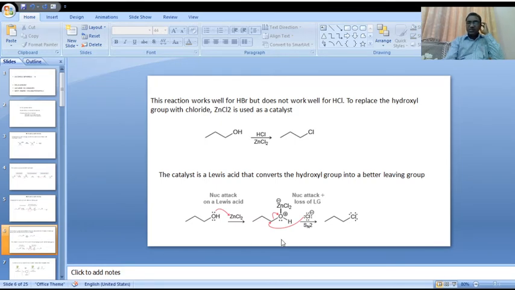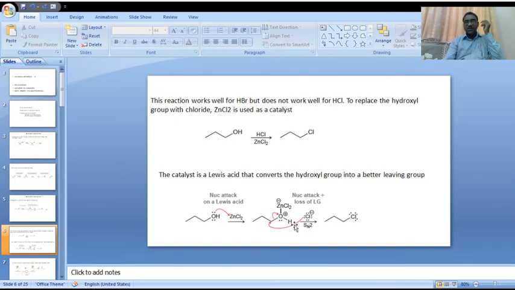In the first step, on reaction with the catalyst zinc chloride, the hydroxyl group attacks the Lewis acid to form an intermediate. This intermediate acts as a better leaving group.